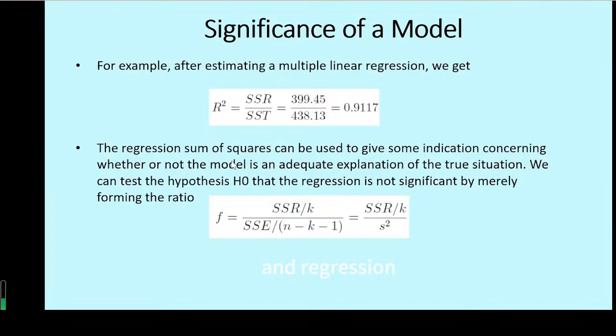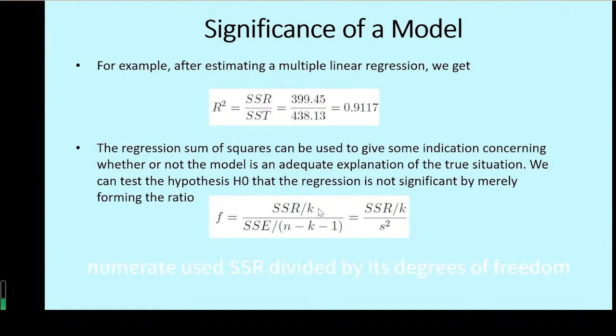The regression sum of squares can also be used to give some indication of whether the model is adequate, because we only know the 91%, but we do not know whether it's enough to say this model is significant. So in this case, we have to use ANOVA, the F-test.